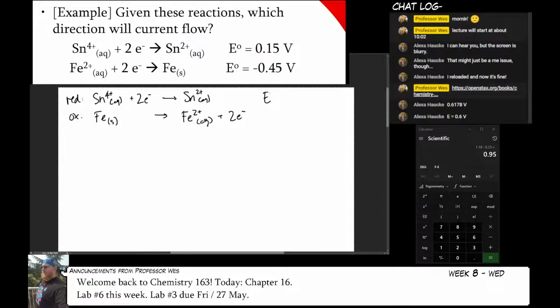So this E, and it's not E cell because it's not the whole thing. There we go. And then this E is negative 0.45.